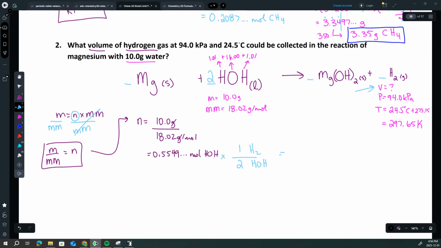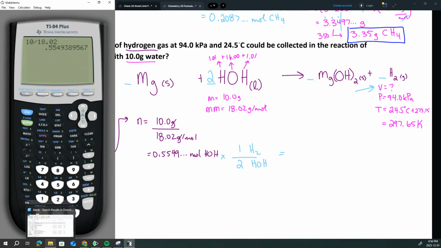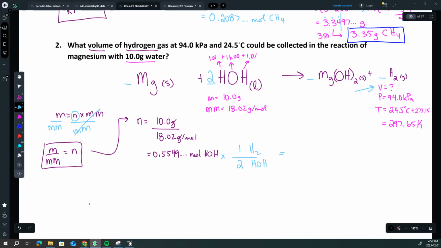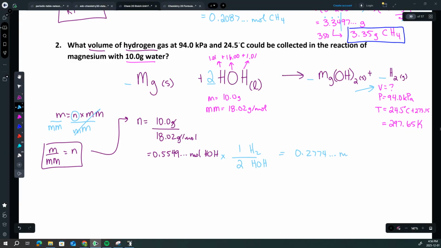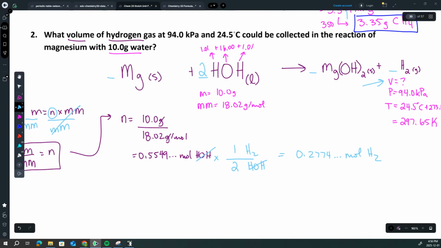So then we're just dividing this by 2. So then we get 0.2774, goes on forever. And that's going to be our moles of, so water's on the top and the bottom, so they cancel out. So this is moles of hydrogen gas now.